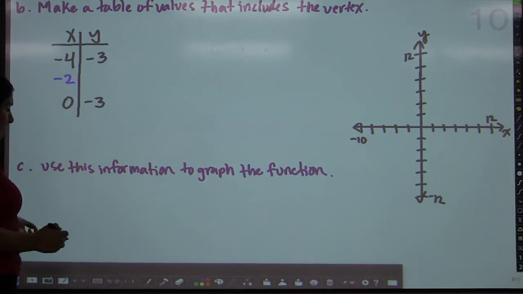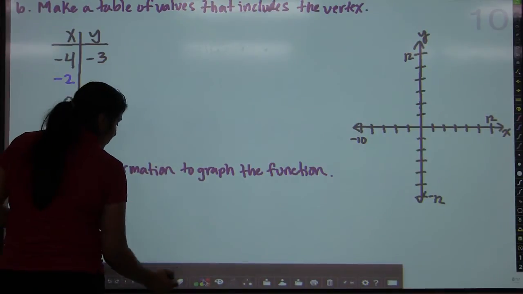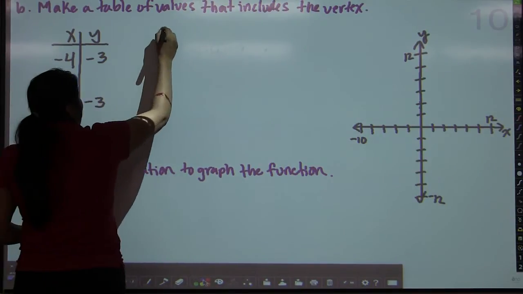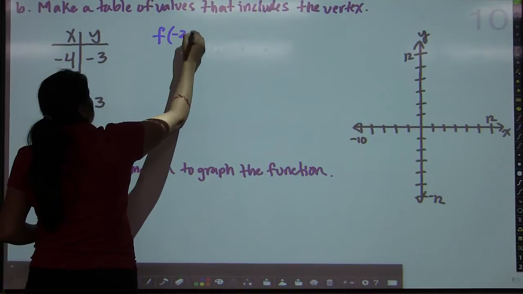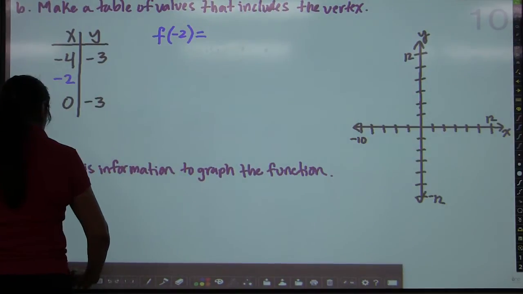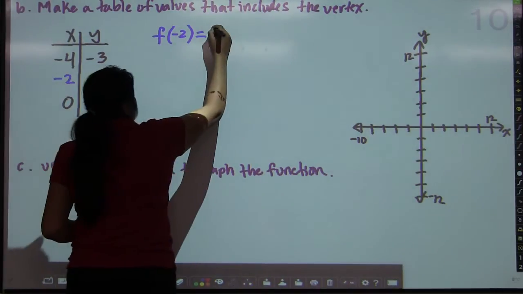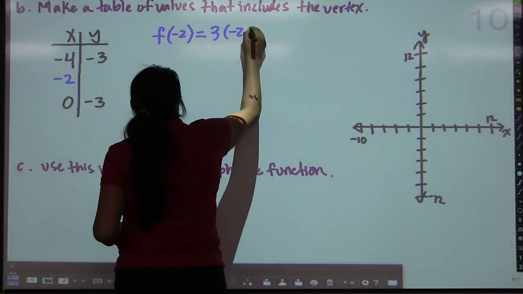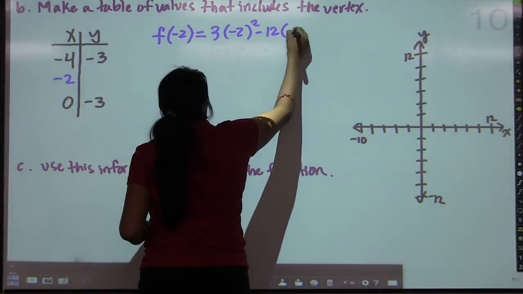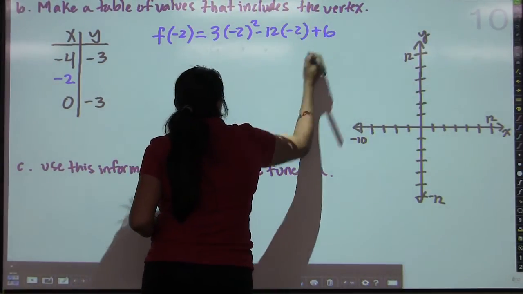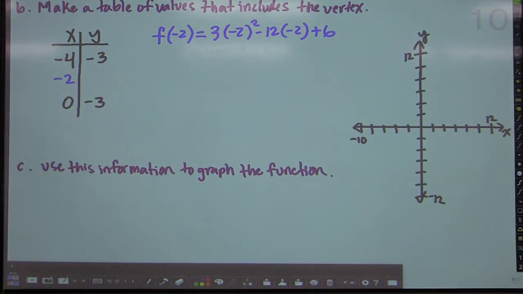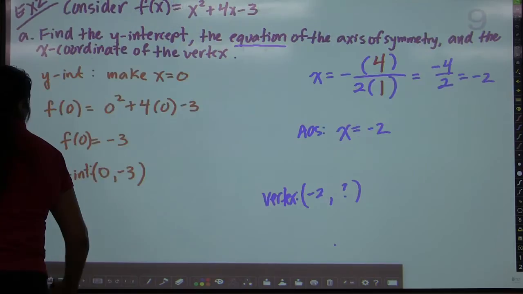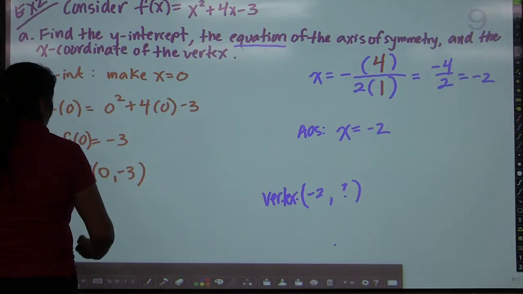So the only thing left for me to do is to figure out what f of -2 is, because that is, I think it was 3x squared minus 12x plus 6, if I remember correctly. Let me go back here real quick. Oh no, x squared plus 4x minus 3.